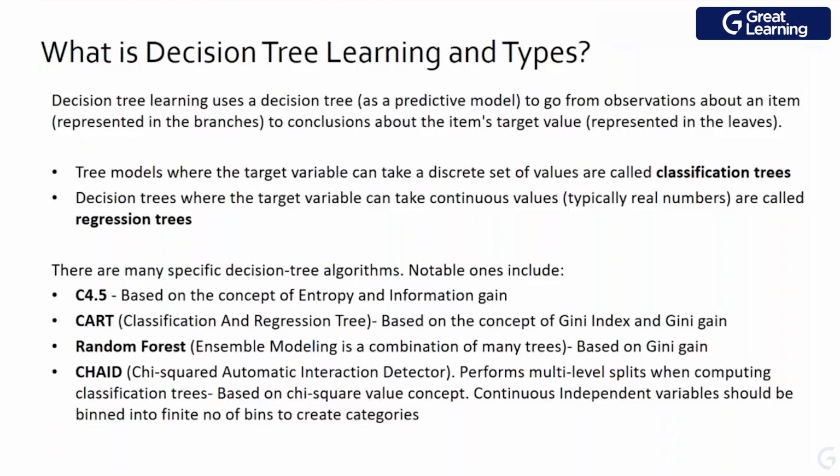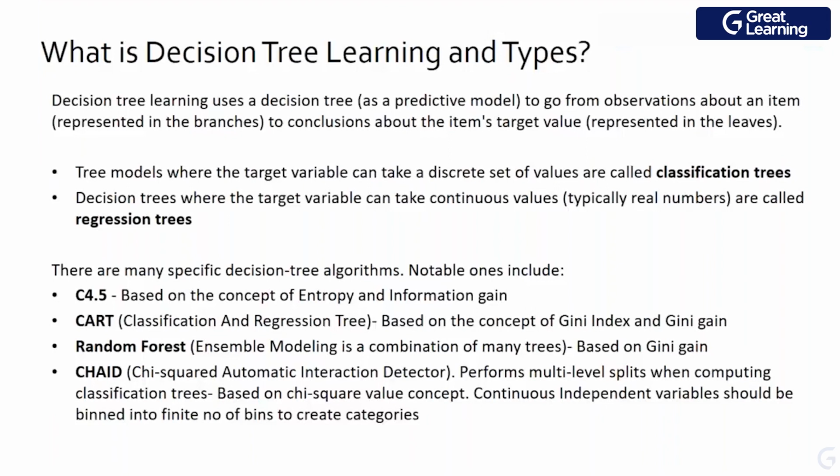Now, there are many specific decision tree algorithms in data science. The first is C4.5. It's based on the concept of entropy and information gain. Then you have a CART model, which is classification and regression tree.